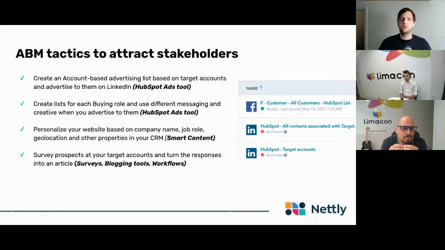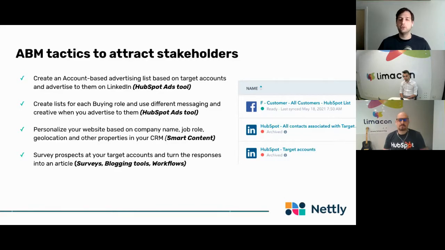So maybe you want the website to have slightly different messaging depending on vertical or location or job title, or maybe on the life cycle stage. So depending on where someone is in the buying journey. So maybe you want to show a different offer to the first-time visitor versus the long-time customer.